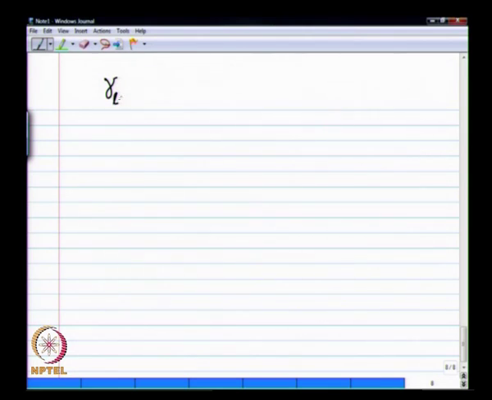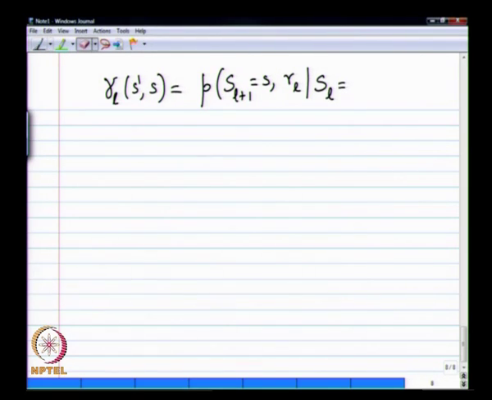Gamma L of S prime comma S is the probability that S L plus 1 equals S prime, comma S L equals S, comma R L, given S L equals S. Is that right?